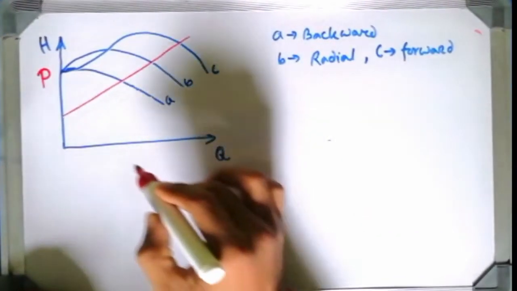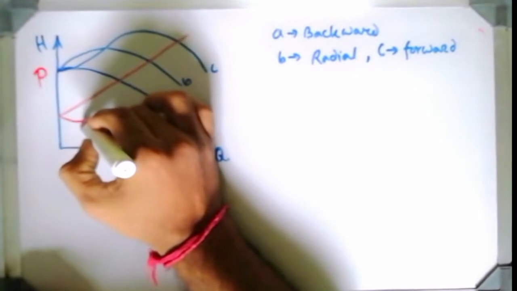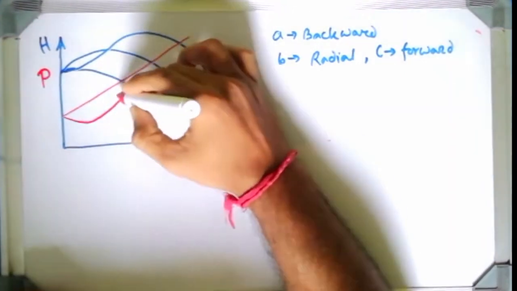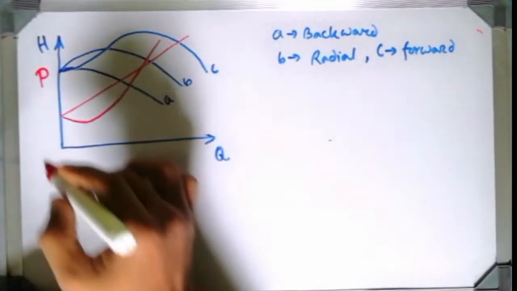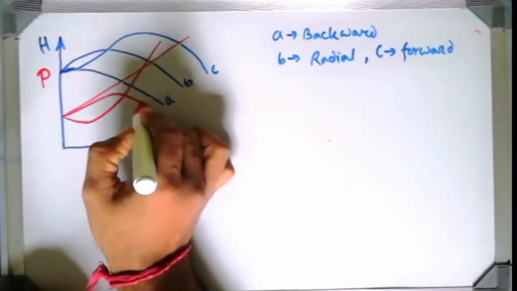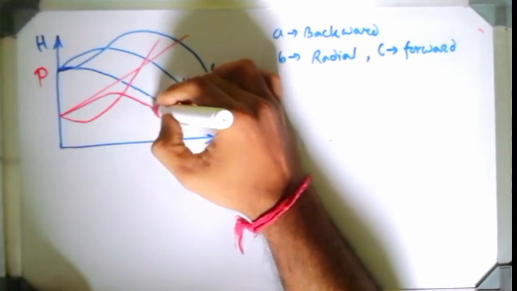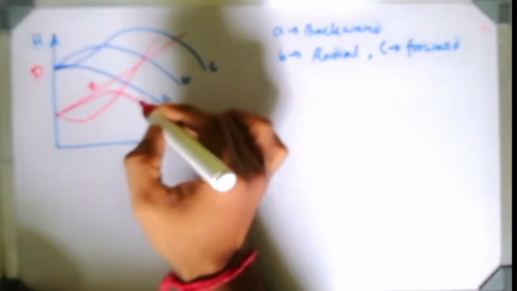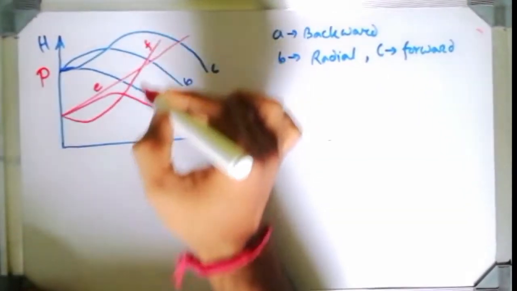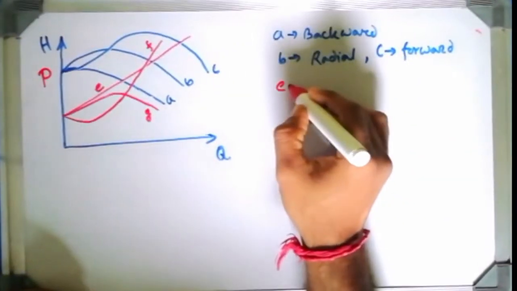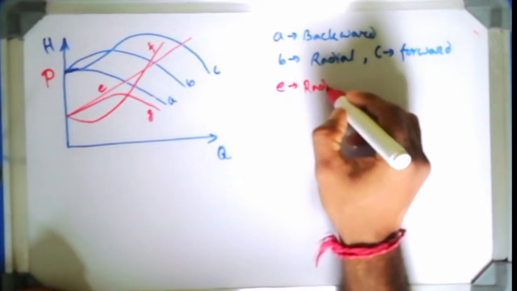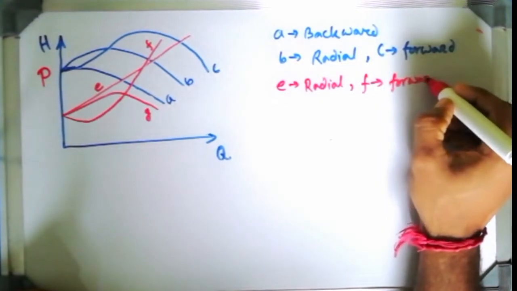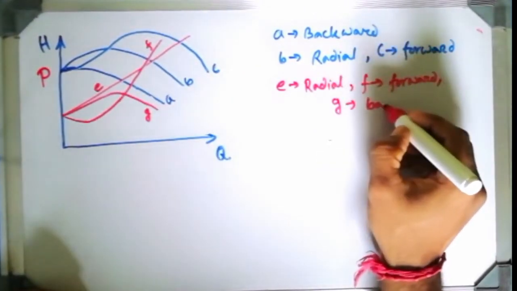Then name it E, then F and then G. E stands for radial, F stands for forward and G stands for backward.